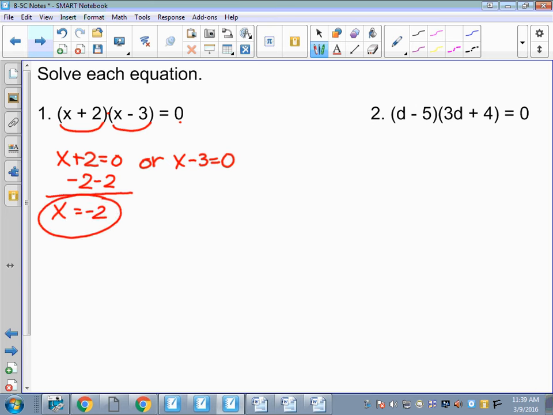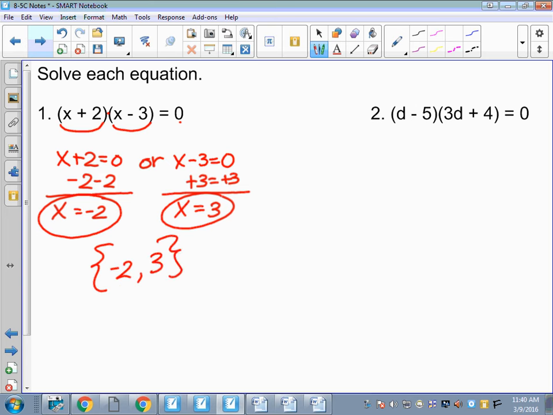If x minus 3 is the factor that equals 0, we don't know what that value is because of the x. But if x is equal to 3, the second quantity becomes 0. So there's actually two solutions that make that statement true. When x is negative 2, that product will equal 0. And when x is equal to 3, that product will equal 0.